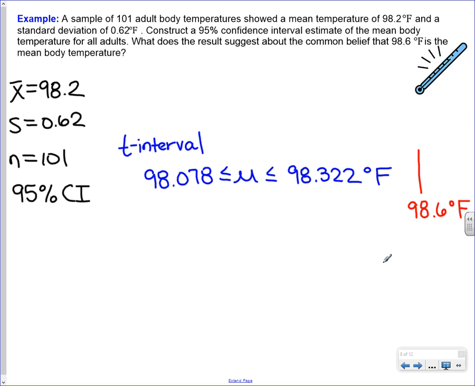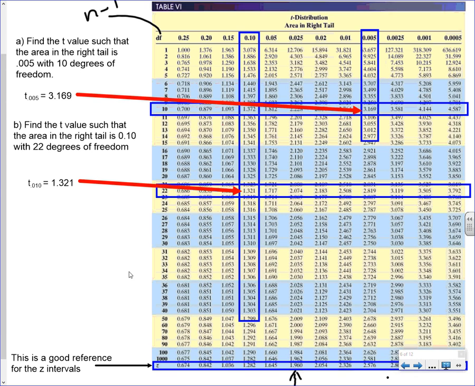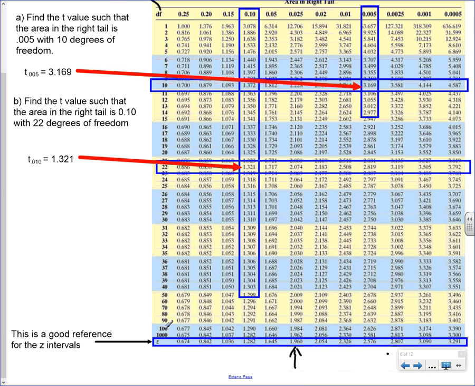Okay, so we could do this by looking at our chart. Let's go ahead and find the T just in case you need this for anything else on your homework. If you wanted to do this one by hand, looking this up on the chart, we had 101 people, so that'd be 100 degrees of freedom. We're doing a 95% confidence interval, so 1.984 would be the T statistic, our T alpha half, because the 0.025 is how much is going to be in the right tail, right?